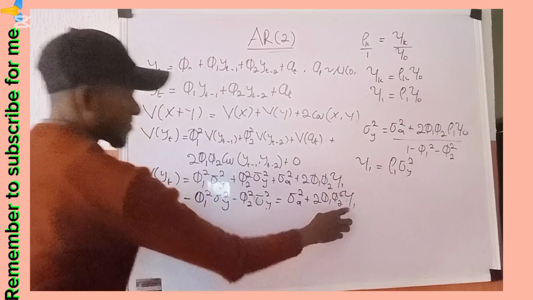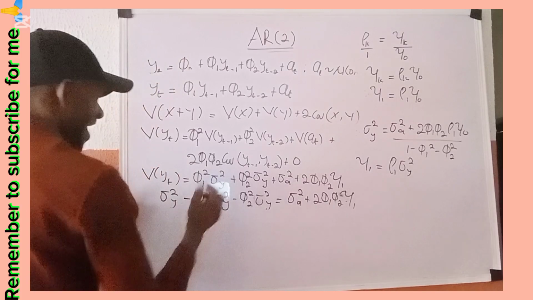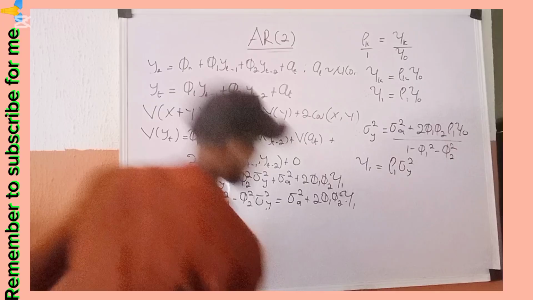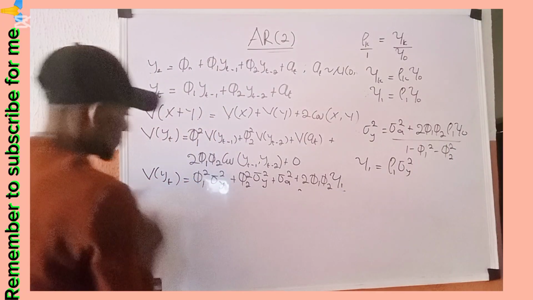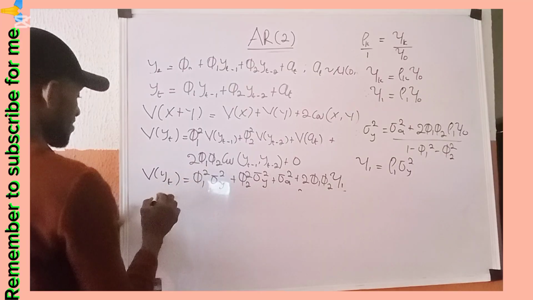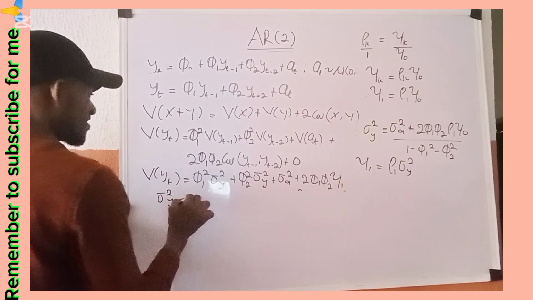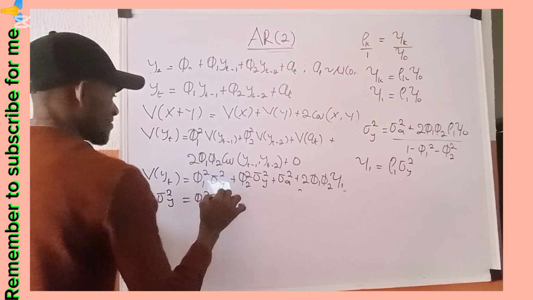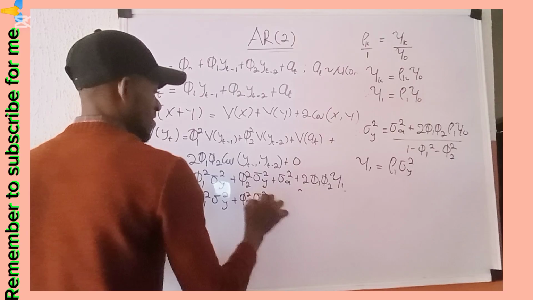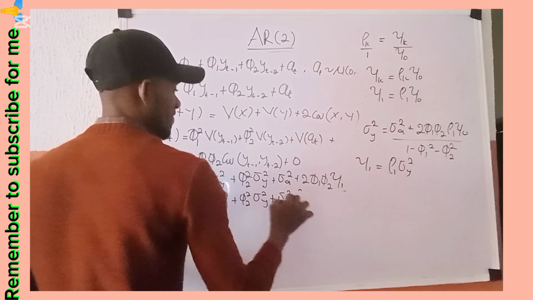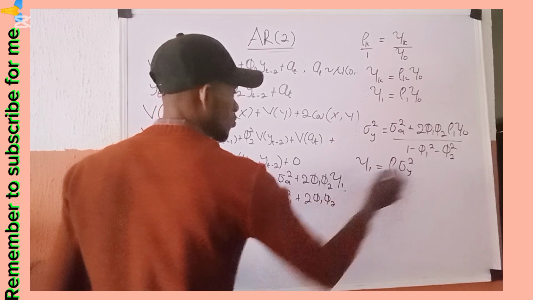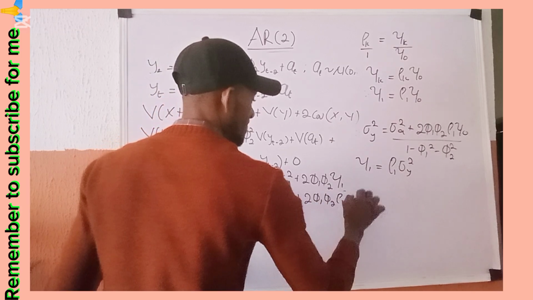In place of this, somebody can substitute this, and sigma squared of y is equal to phi 1 all squared sigma squared of y, plus phi 2 all squared sigma squared of y, plus sigma squared of a, plus 2 phi 1 phi 2 rho 1 sigma squared of y.